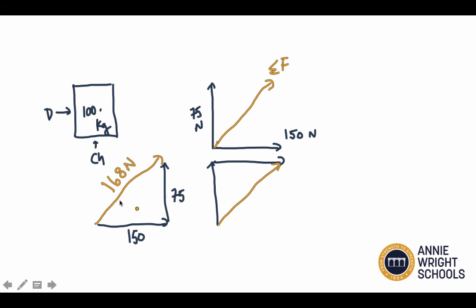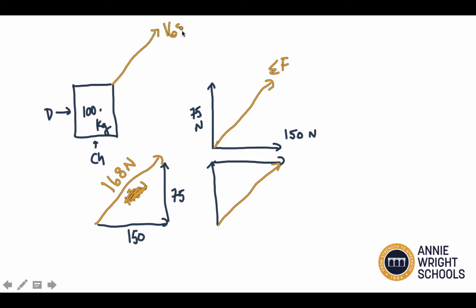Now, if I was doing sig figs, this is 2 and this is 2, so my final answer is actually a little different because, anyway, we're fudging it. If I was to do 2, I would say this is 170 newtons. But right now, I'm just going to stick with 168. So the net force acting on this object is actually in this direction here.